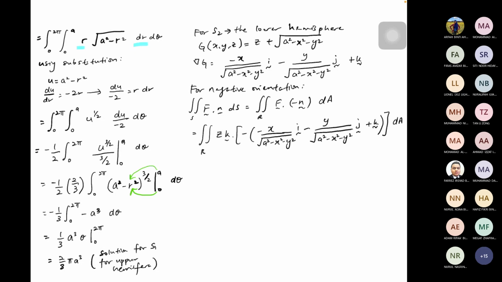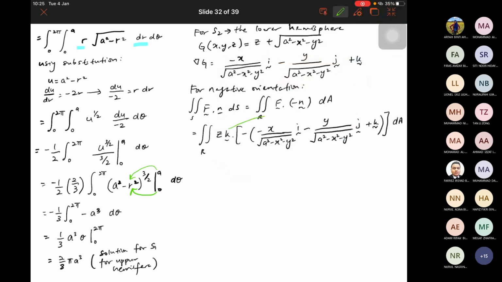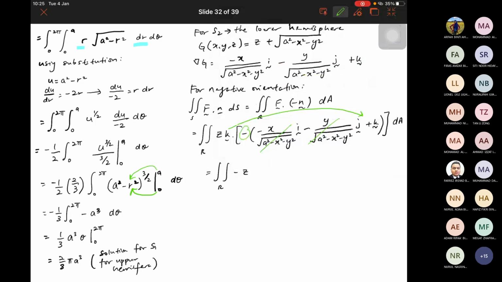Okay. So same as before, we only dot product k with k, because the other terms vanish. So it will be the integral over the bounded region R of negative, because there is a negative outside here.